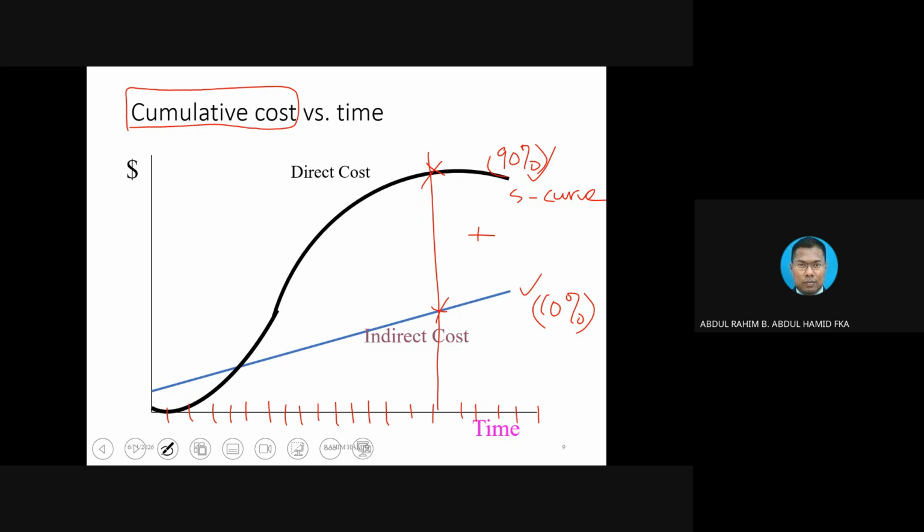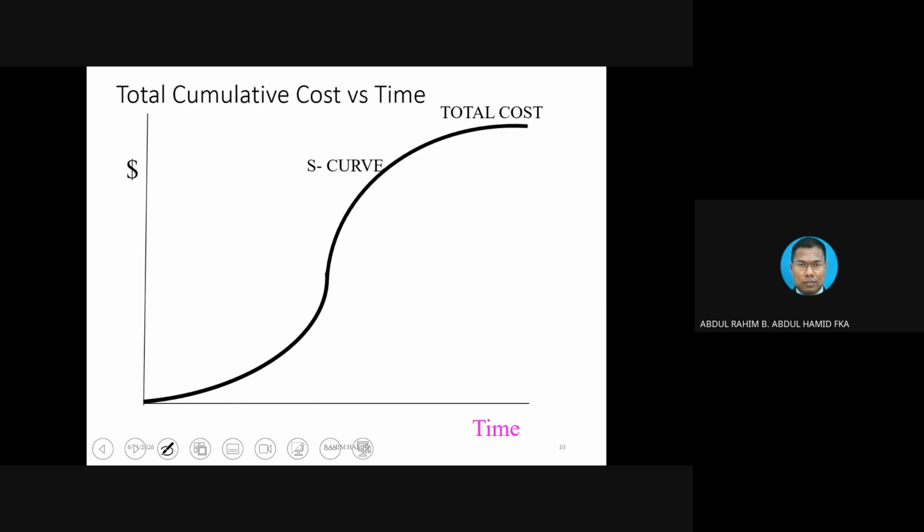Of course, when you add those two values together, the shape of the graph will basically take after the bigger amount for sure. And then we are going to have the total cumulative cost, which will look like an S. This is what we call the S curve that you have heard being used in the construction industry.